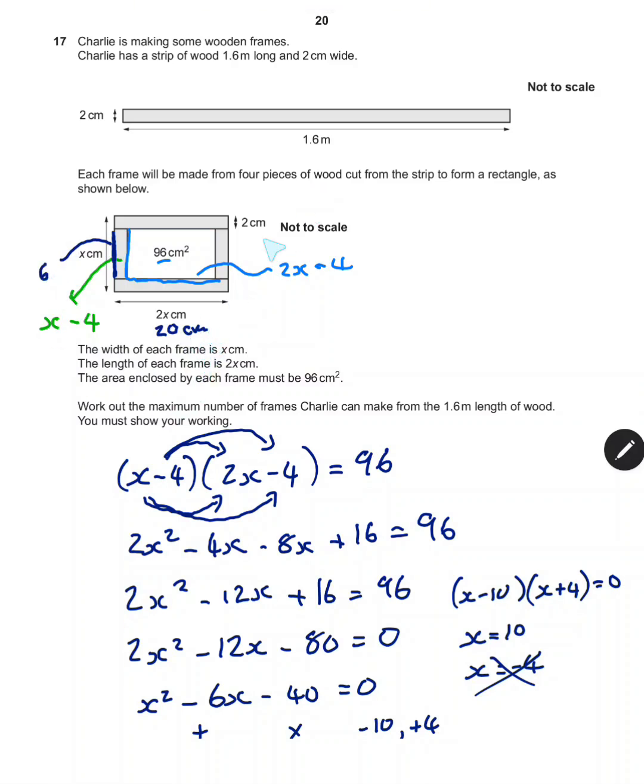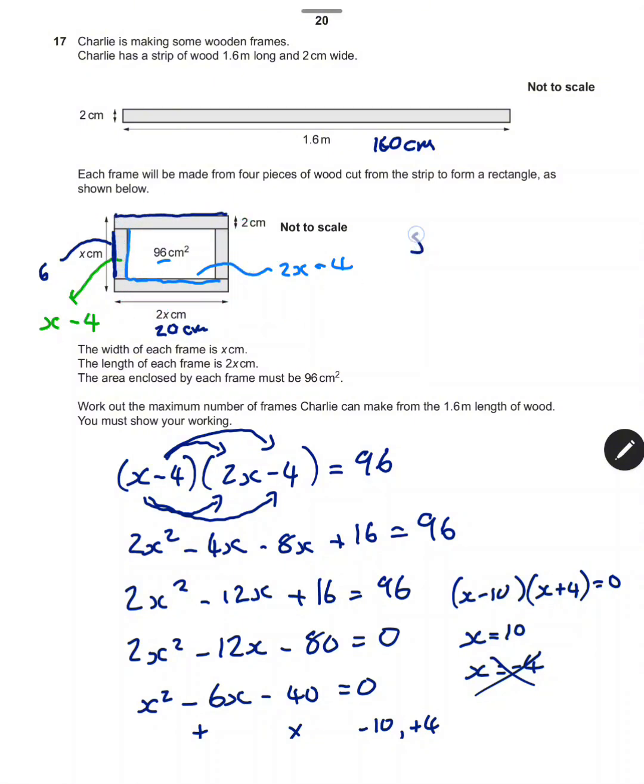Why have I done that? Well, I need to see how many of these frames can be created from a 1.6 meter piece of wood. So this here is 160 centimeters. Each frame uses 20, then another 20, that's 40, plus 6 plus 6.